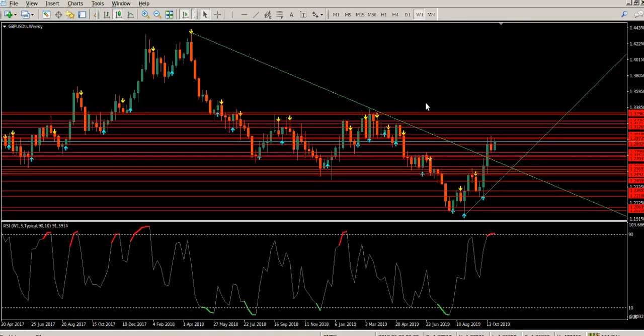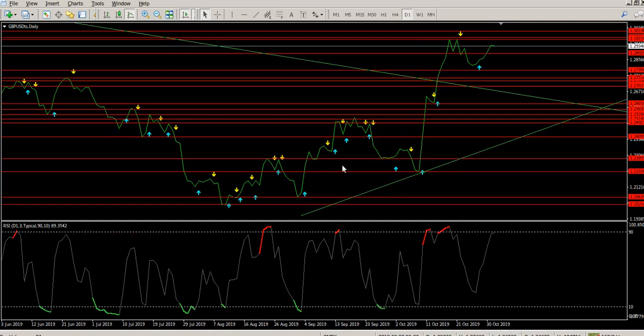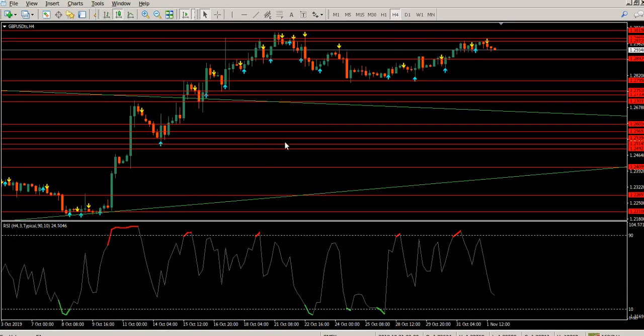I went to the weekly charts and I drew some trend lines, and I put this on the line graph, and I marked out all the local support and resistance zones on the weekly chart. Then I dropped down and did the same thing on the daily, and then I went to the 4 hour and put the candlesticks back on there, and it looks really good.